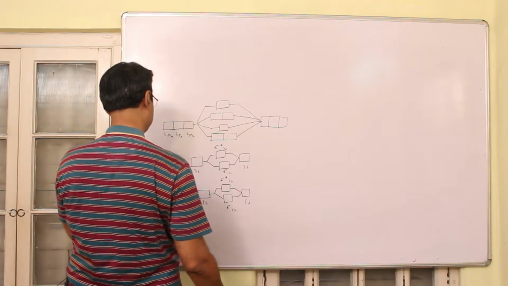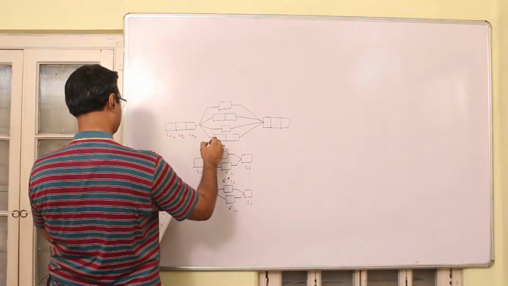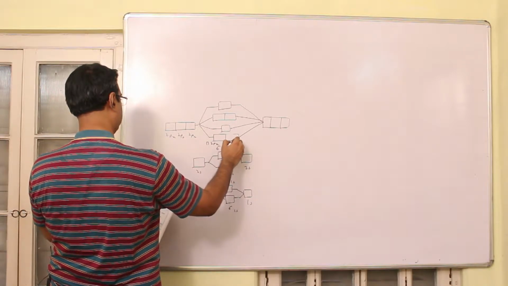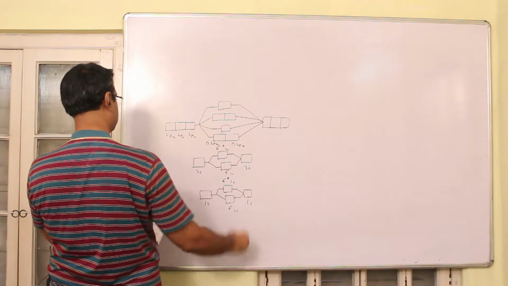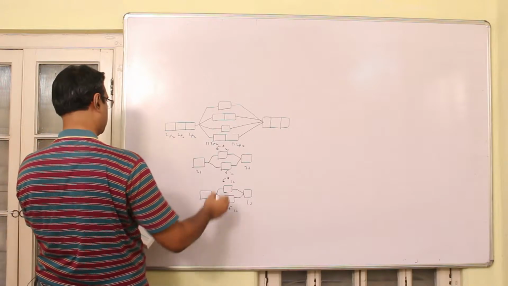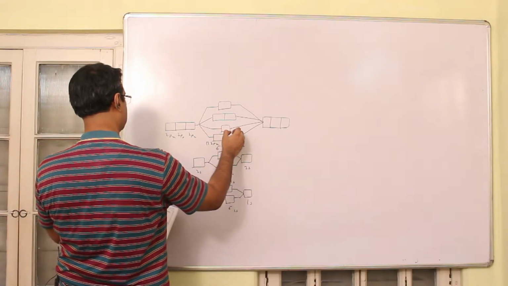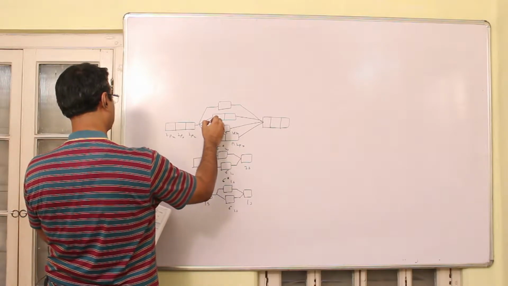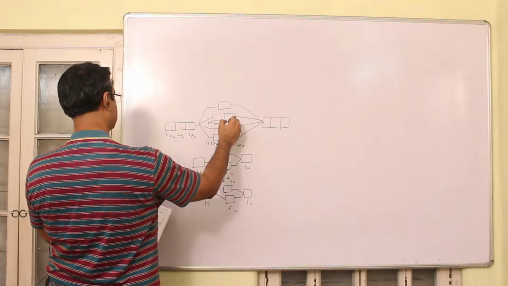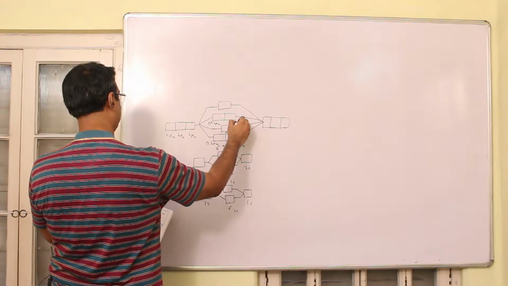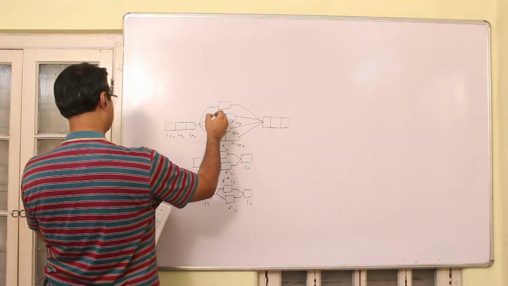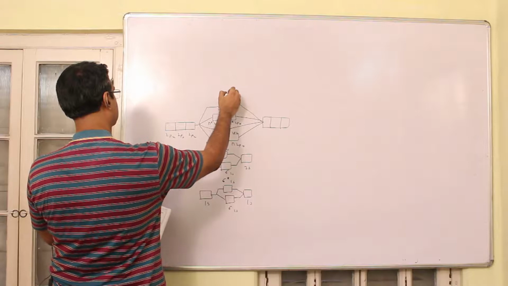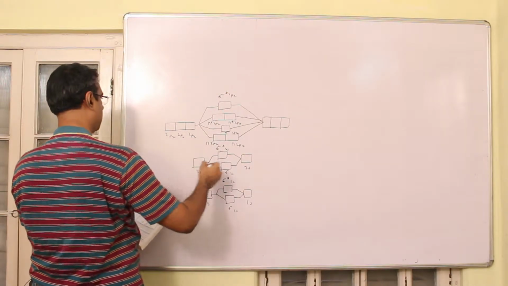Now, this one is pi 2px, this is pi 2py, this one is sigma 2pz, this is pi star 2px, pi star 2py, and this is sigma star 2pz.